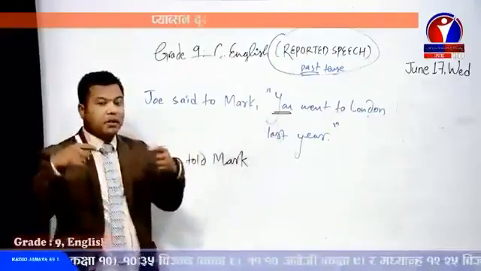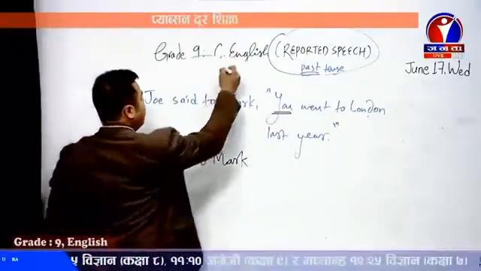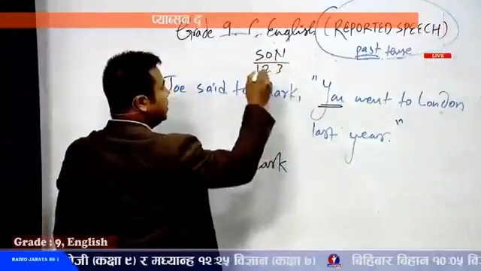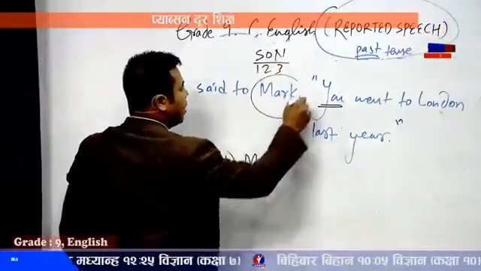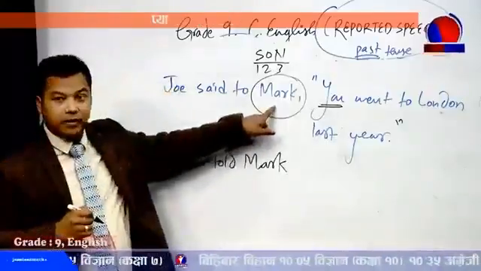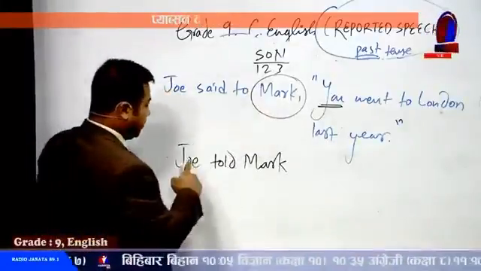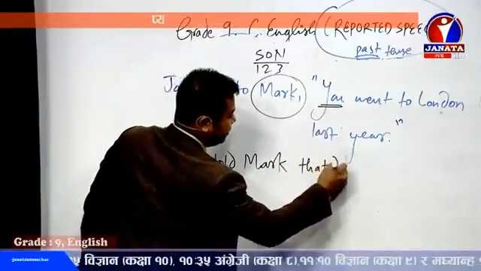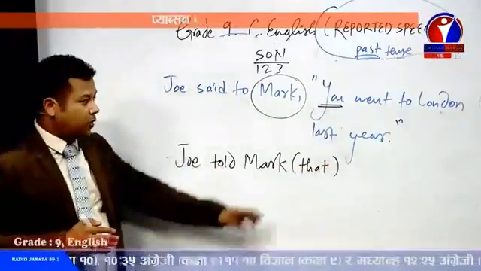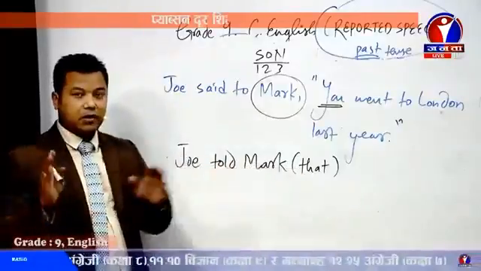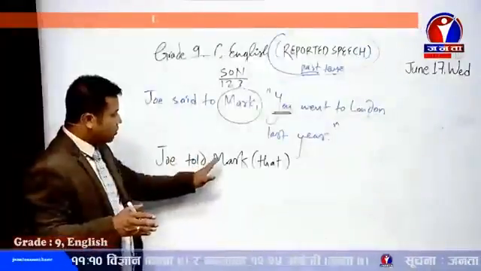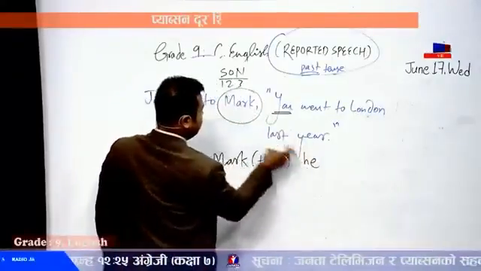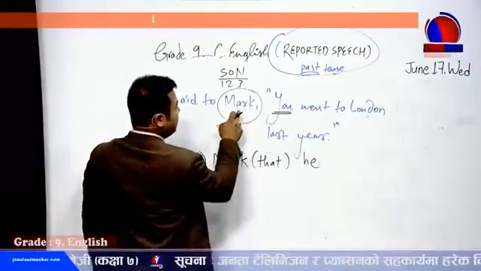You is a second person pronoun, and second person pronoun according to the sun rule 1, 2, 3 is the object, the listener. Who is the listener here? Mark is the listener. So, Joe told Mark, that is optional. I really do not focus on this conjunction because this is optional. Joe told Mark that, he, this you is he.